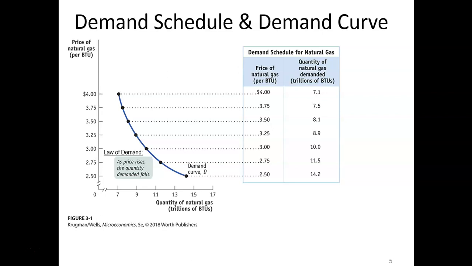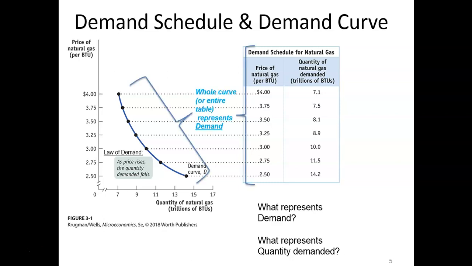It can be stated in many ways, any way that describes the fact that higher prices, people want to buy less. Lower prices, people want to buy more. The law of demand creates a downward sloping demand curve when we plot these points. We're going to assume that that is always true. And just as a quick refresher, what on this graph represents demand? What on this graph represents quantity demanded?